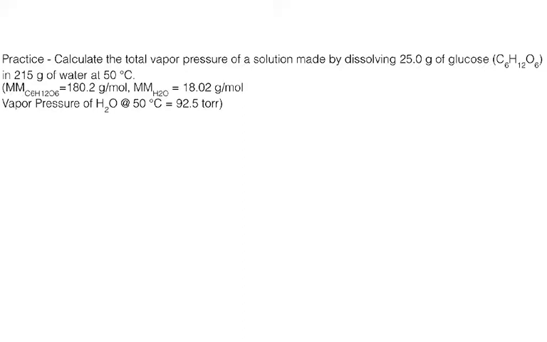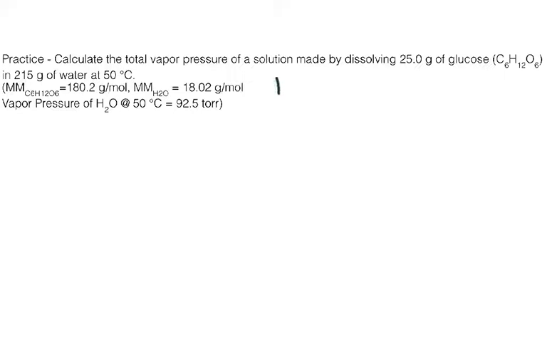Calculate the total vapor pressure of a solution made by dissolving 25 grams of glucose in 215 grams of water at 50 degrees Celsius. We have the molar mass of glucose, we have the molar mass of water, and the vapor pressure of water at 50 degrees Celsius.